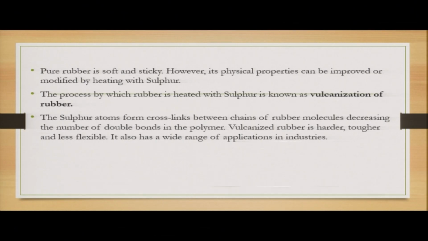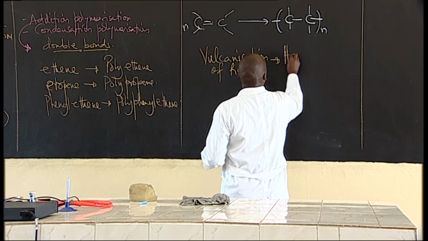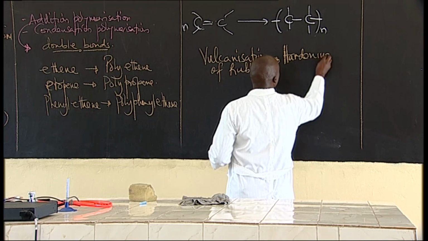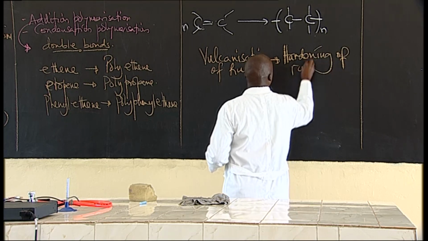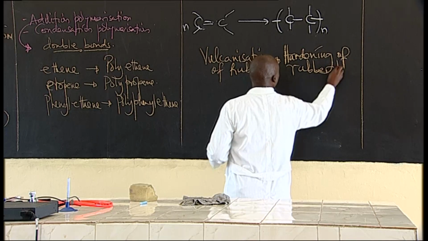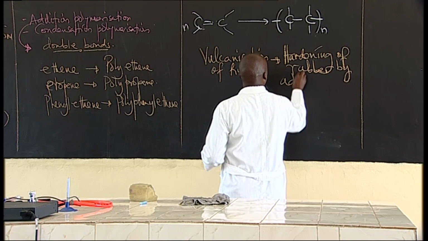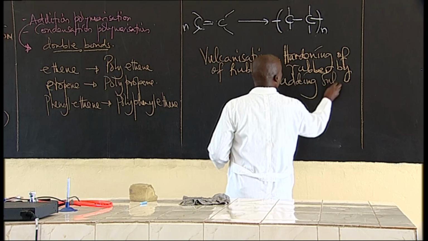Vulcanization of rubber is adding sulfur to rubber for hardening, to improve its properties. This is sometimes called hardening of rubber.